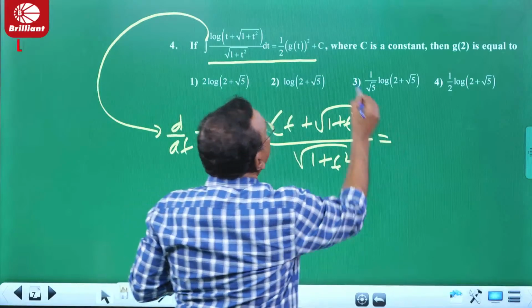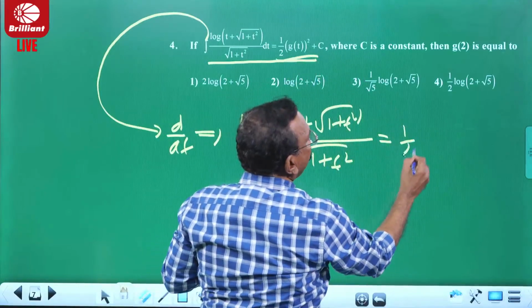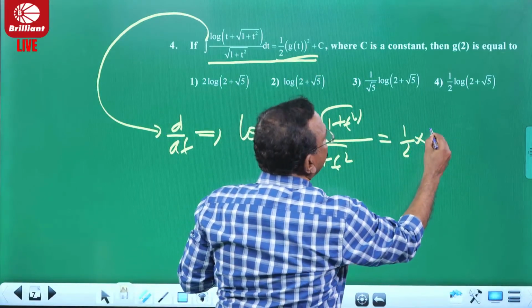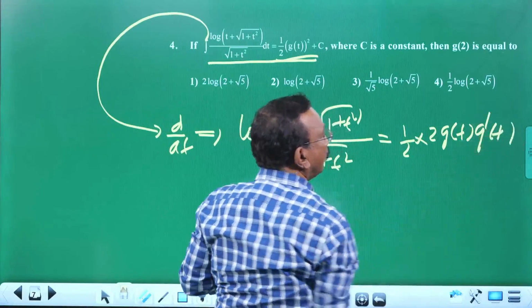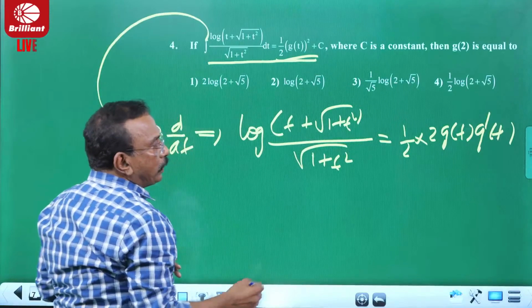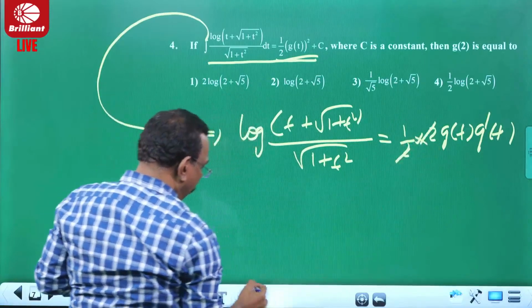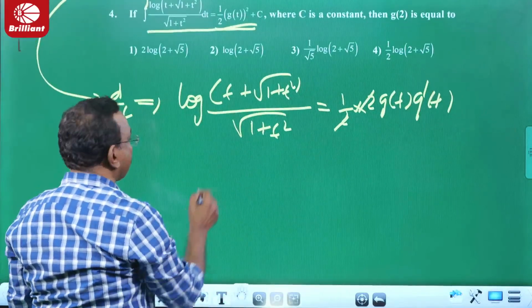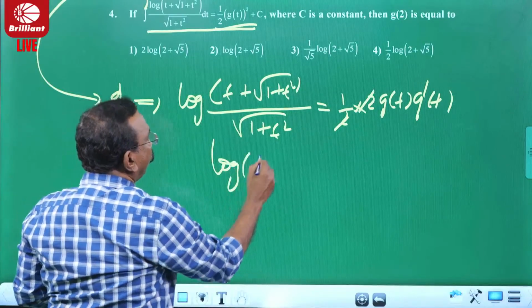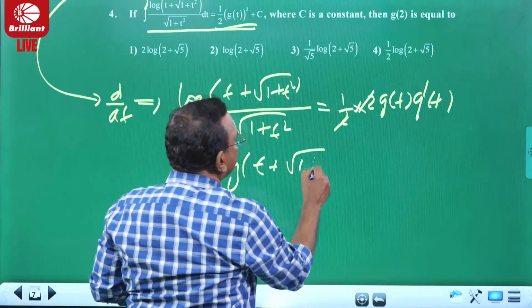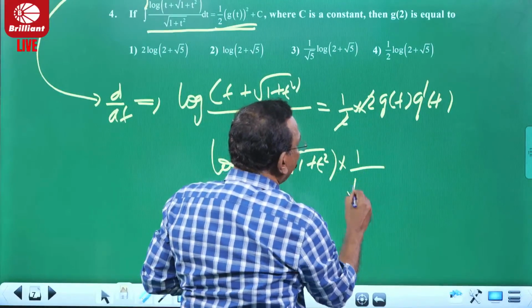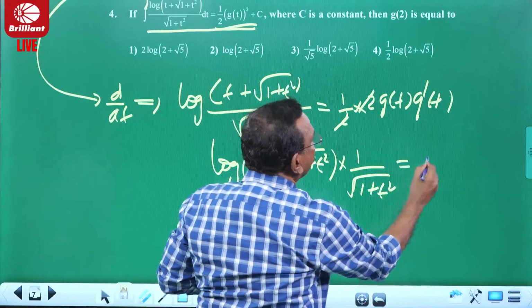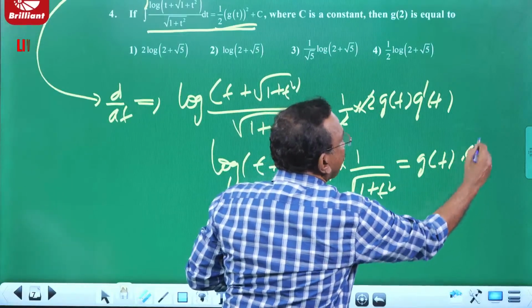The right side becomes the derivative as 1 by 2 into 2 g of t into g dash t. This we can apply, so we can cancel this 2 term and you have the expression as logarithm of t plus root 1 plus t square into 1 by root of 1 plus t square is equal to g of t into g dash of t.